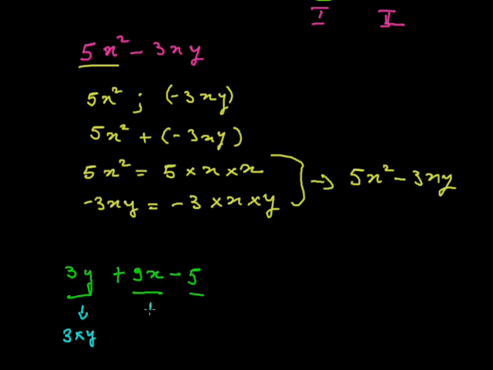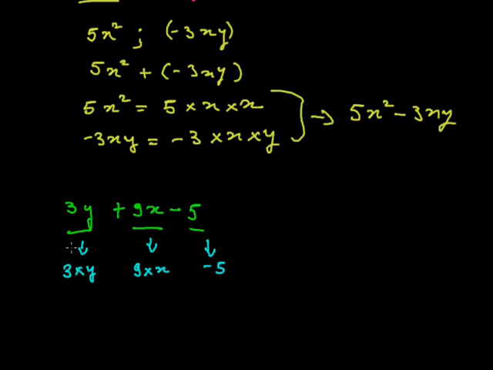The second term is obtained by multiplying 9 with x, and the last term is minus 5. So the three terms in this expression are, first 3y, second 9x, and the third term is minus 5.